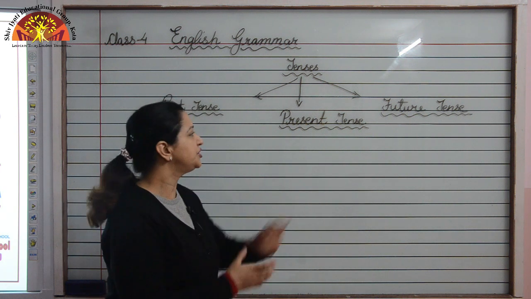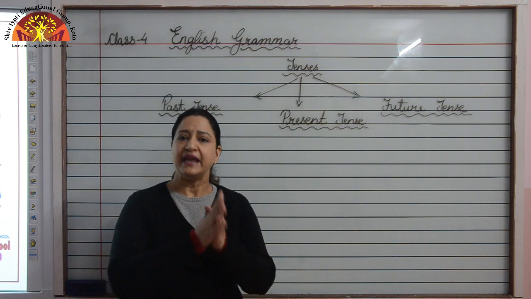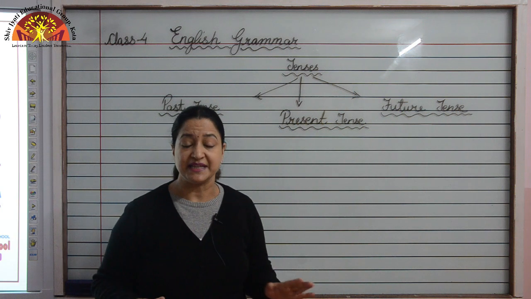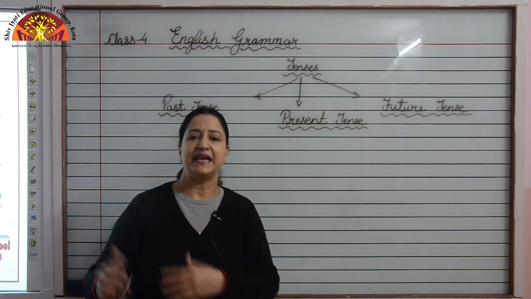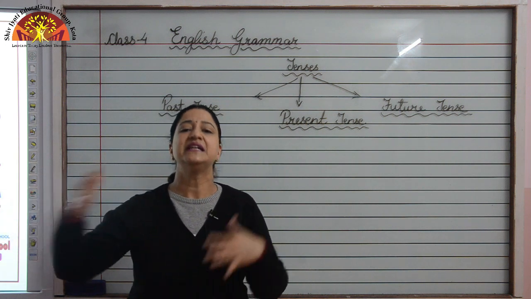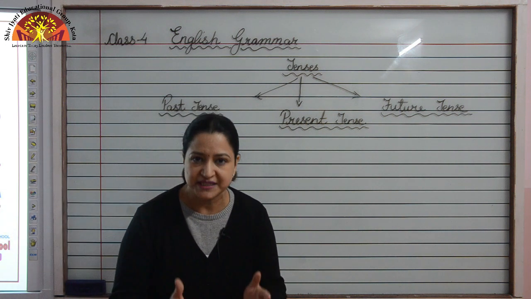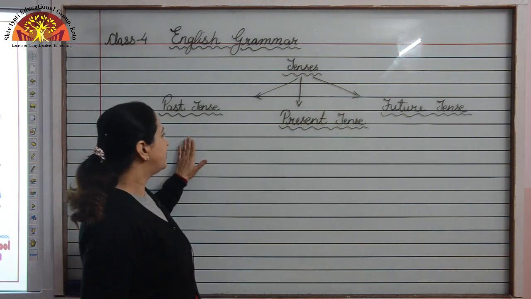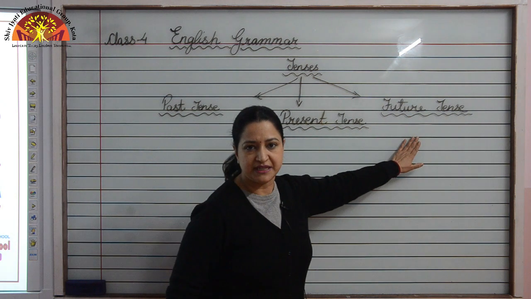Now what is future tense? If we are talking about an incident which has not happened yet and it will take place in the future, then it is future tense. So these are your 3 tenses: present tense, past tense and future tense.